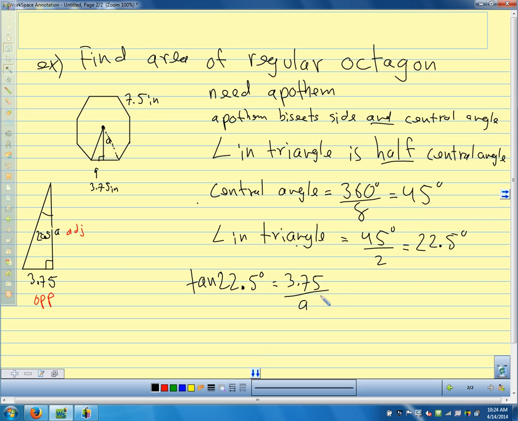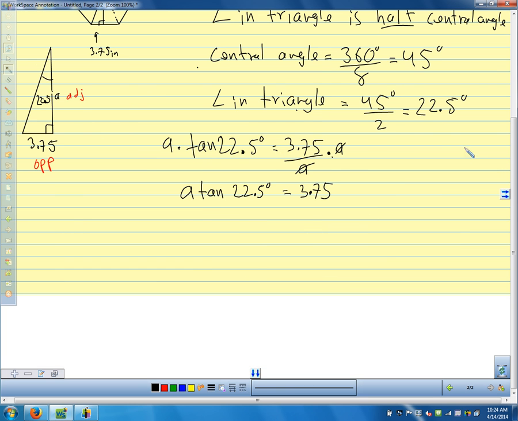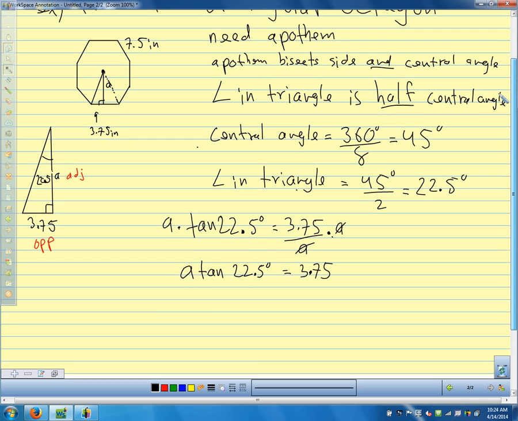So to get A by itself, I want to get it out of the bottom there. So I'm going to multiply both sides by A. And those cancel. So I get A tangent 22.5 degrees equals 3.75. Divide both sides by tangent 22.5 degrees.